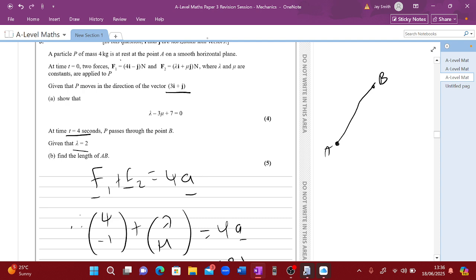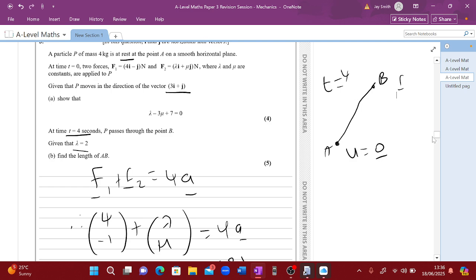But given that it's at rest initially, that means U is going to equal 0. We know the time is going to be 4, between 0 and 4, and we want the displacement R. Anyway, we'll deal with that in a minute.